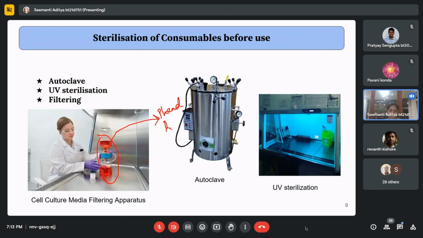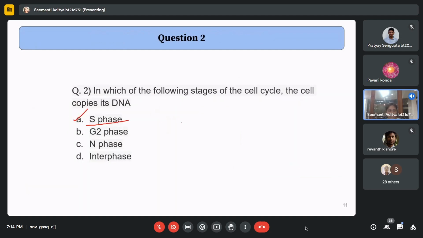Generally in our media, we have sodium bicarbonate, which is a basic compound, so it gives red color to the media. But it gets depleted when cells are growing and using it, and forms carbon dioxide. When carbon dioxide is released, the media turns acidic, and that is going to be yellow in color.